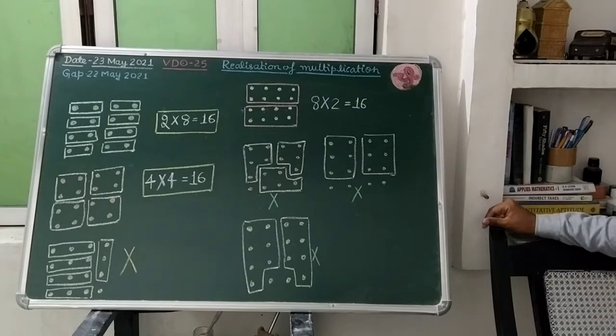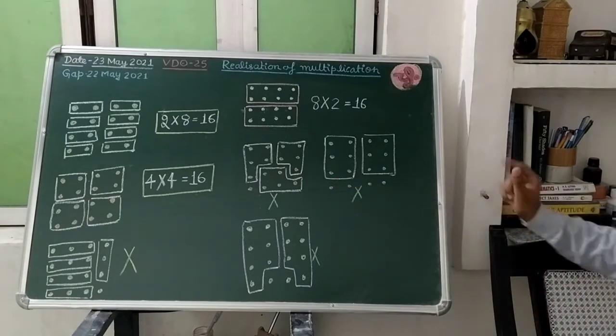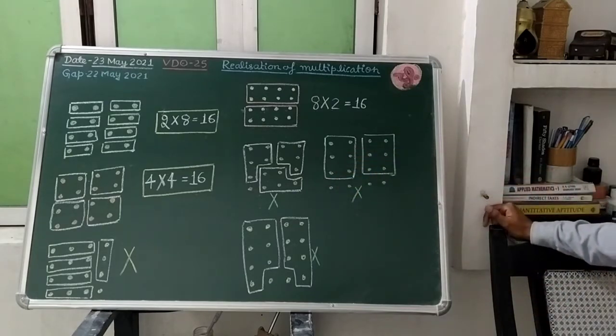And when we are grouping them in 3 dots, we are finding 5 groups, meaning 3 5s are 15, one dot is left, so there will be 16. Okay. And when we are grouping them in 4 dots, we had seen that all the dots will be grouped and there will be 4 groups.